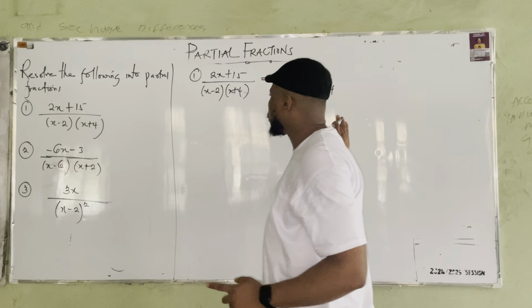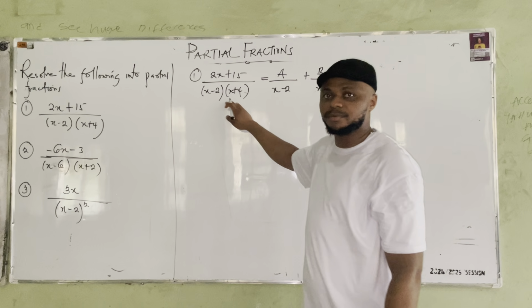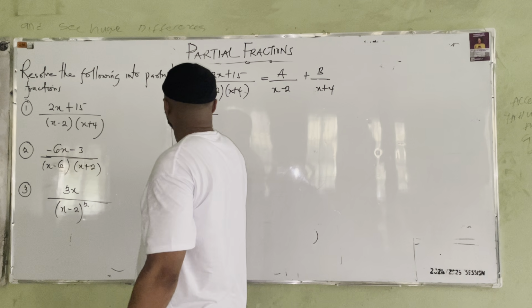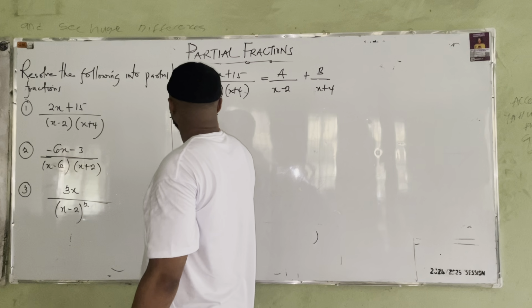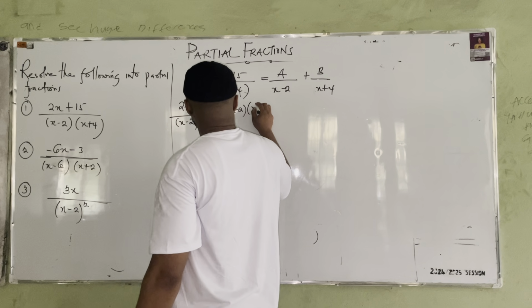Now quickly, what next do we do? We'll multiply all sides by the denominator. So we have 2x plus 15 divided by x minus 2, x plus 4. We'll multiply here by x minus 2 and x plus 4.